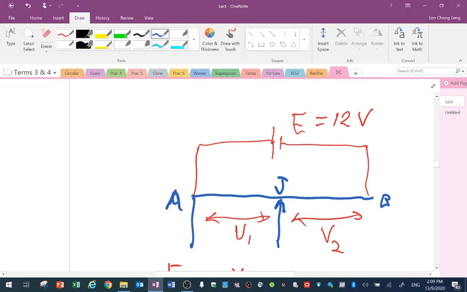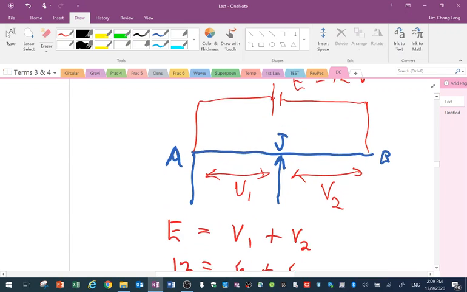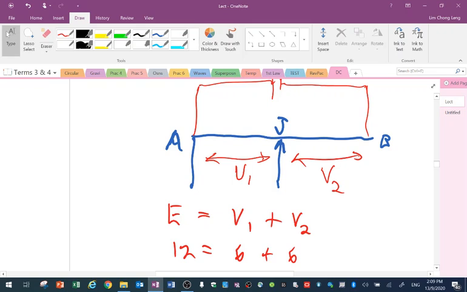So this is a very clever way to vary the PD across AJ. AJ will provide a variable PD. This AJ can be a variable PD because it depends on where I shift my jockey J. J is the jockey.